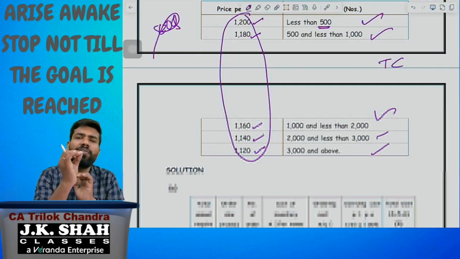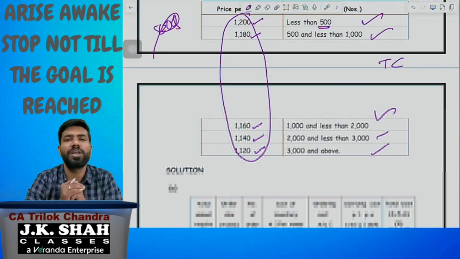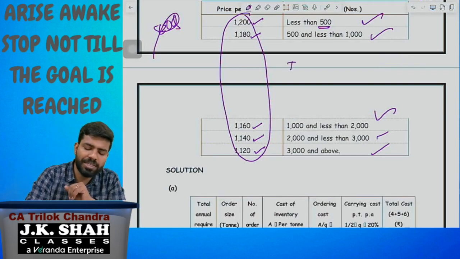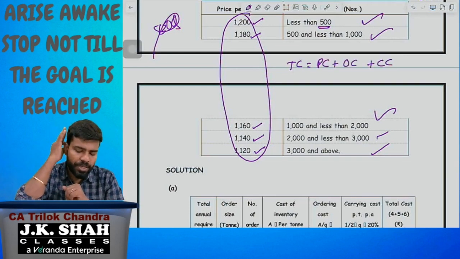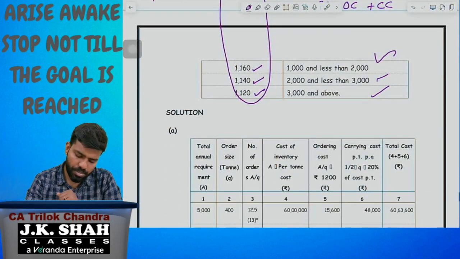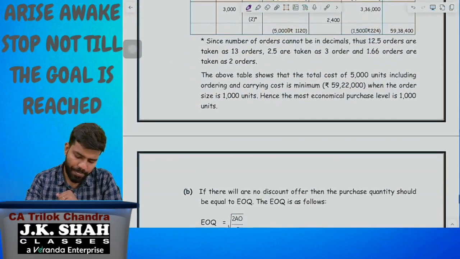At whichever stock level total cost is less, such level will be considered as the optimum stock level. So now the point is how to calculate total cost. We already discussed. Total cost equal to purchase cost plus ordering cost plus carrying cost. Are you understanding? Now, in this question, there is some mistake in the question.